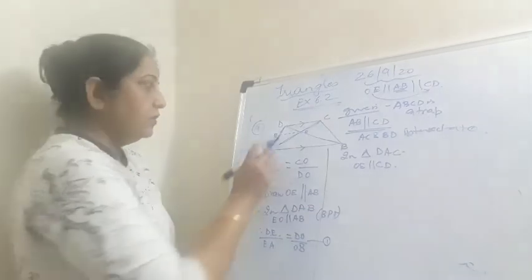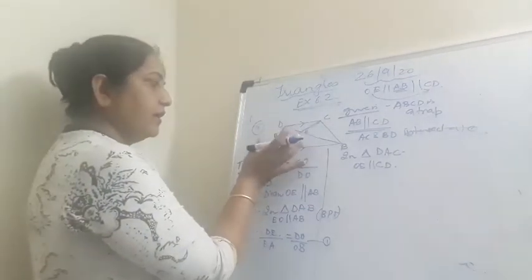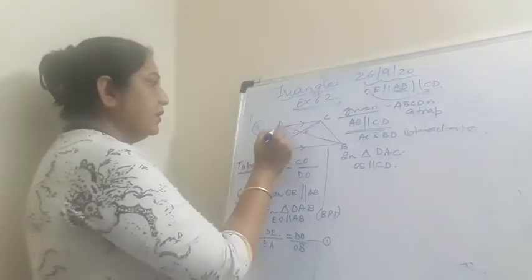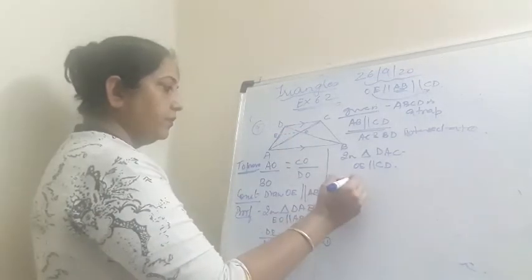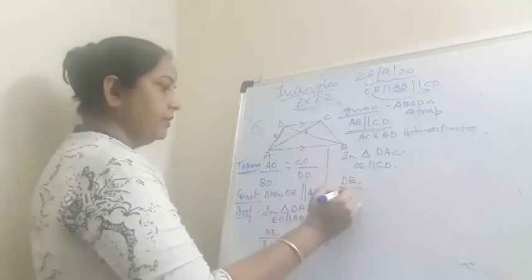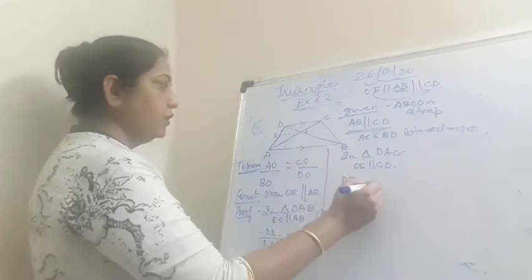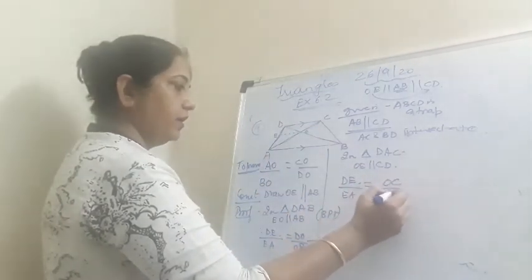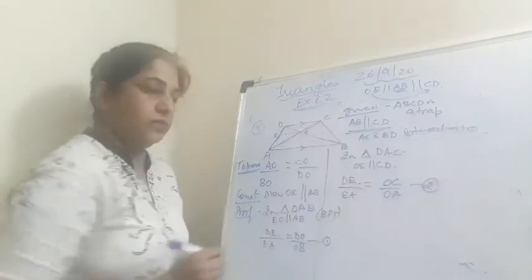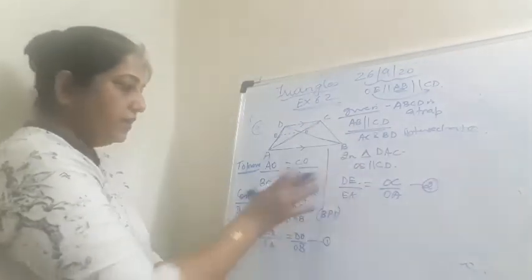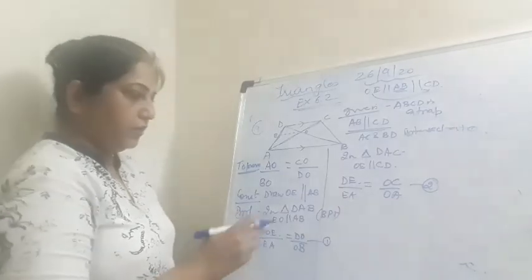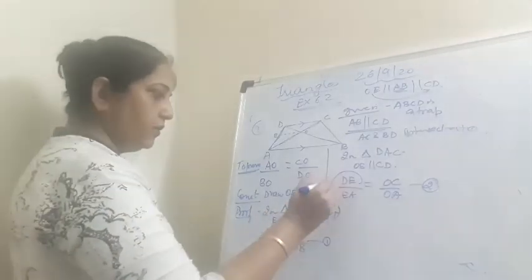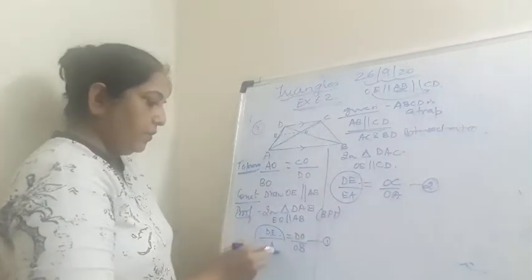Okay, now when I use this triangle, I can write DE upon EA is equal to what? OC upon OA. Number 2. Yes, so now when you compare these two, you will be able to understand what I'm trying to do next. See, this is DE upon EA, this is also DE upon EA.